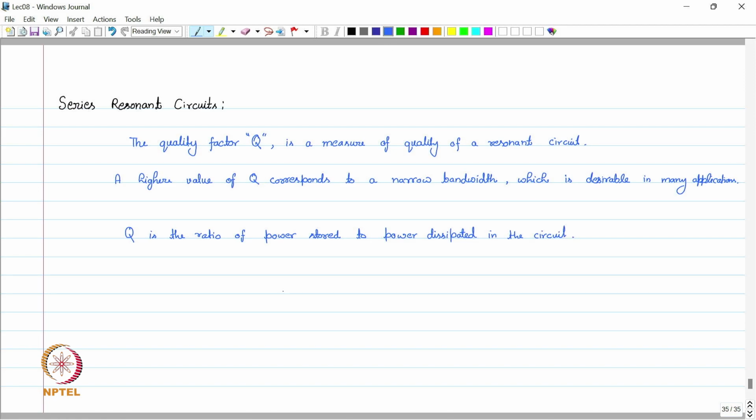Or we can write the Q, or the quality factor, is power stored in the circuit divided by the power dissipated.